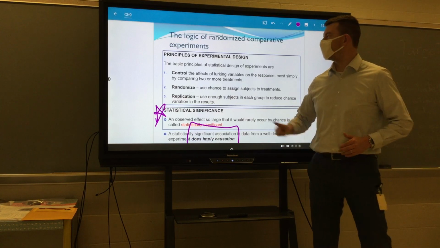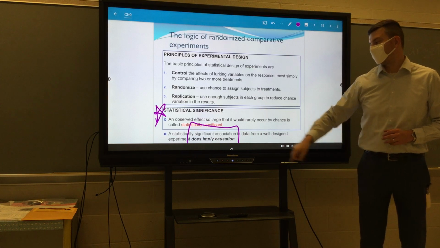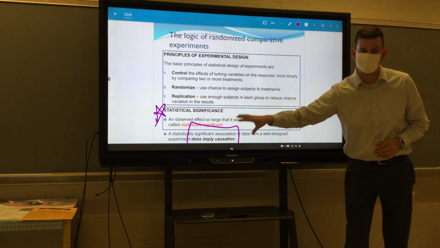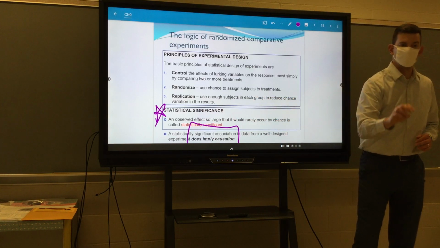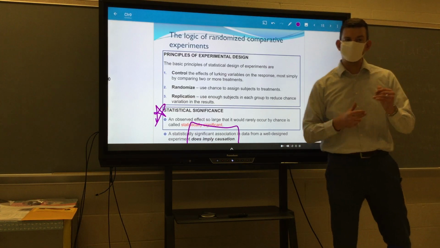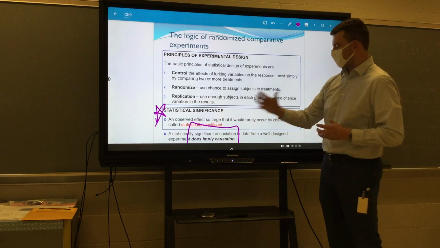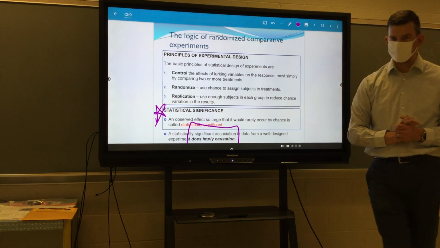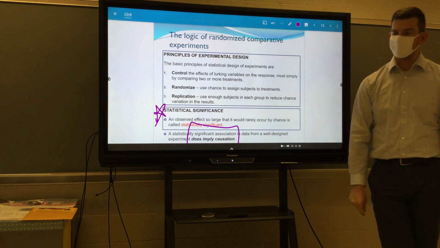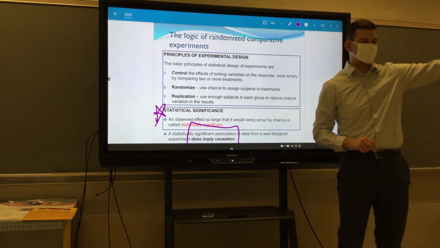You can only get it through a randomized experiment and observing a statistically significant difference from that randomized experiment. All of that needs to happen in order to get that implication of causation, that we can be pretty sure that this thing is the one and only thing causing this to happen.